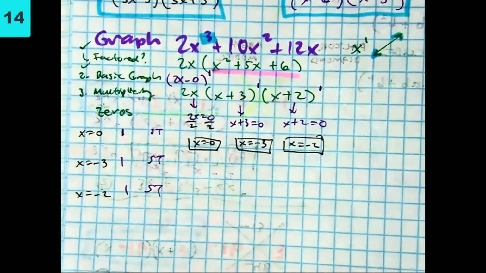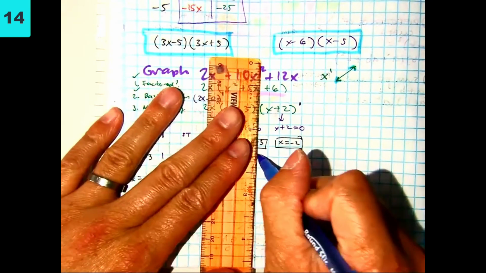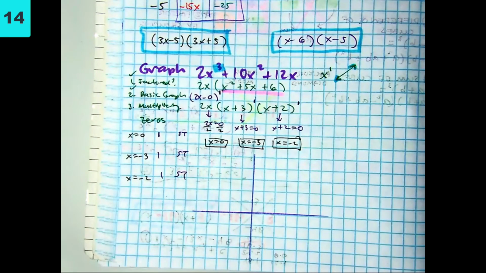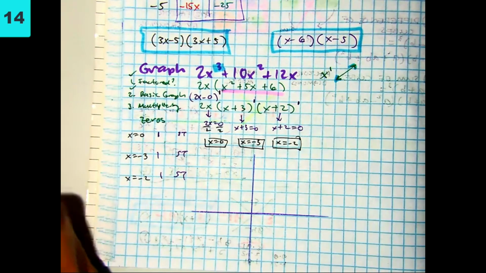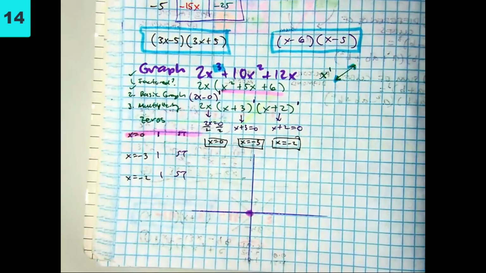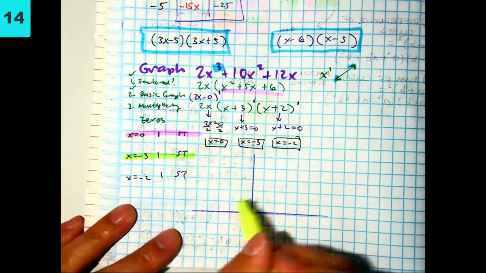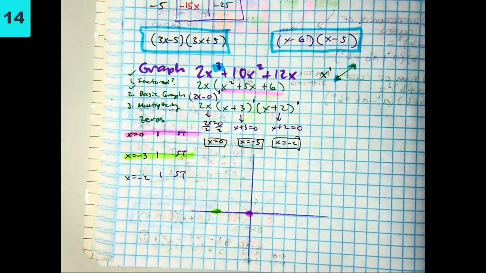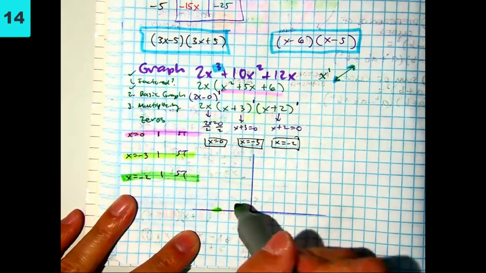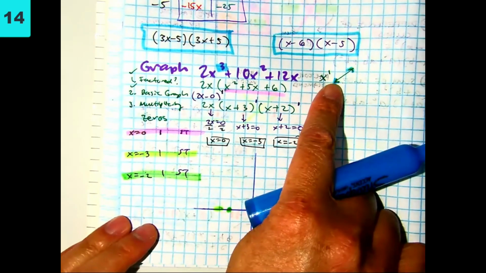Let's go ahead and graph that really quickly. Pick your favorite colors. X equals 0. X equals -3. X equals -2. And we said that we would start down and end up.